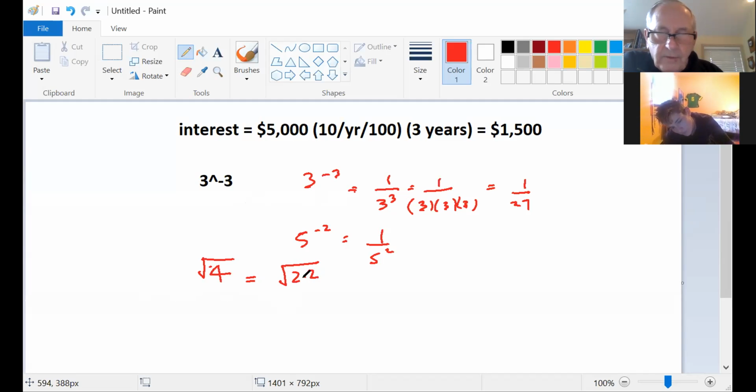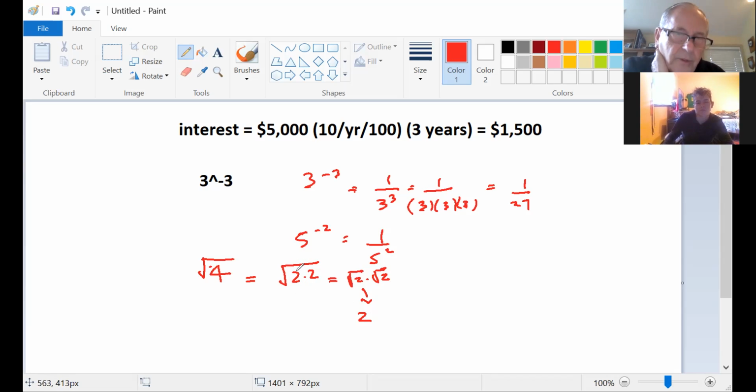This 4 is equal to 2 times 2. That's its factored form. Now this thing is the same thing as the square root of 2 times the square root of 2, right? So if I'm looking at the square roots of two bases, the result of that is just 2, right? How to explain this?